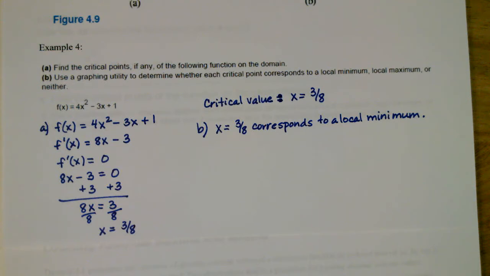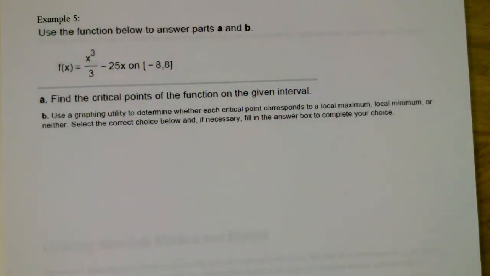All right, now let's look at example 5. So we're going to up the type of graph, a function that we have here. Here I want to use the function below to answer parts A and B. Here we got f of x is equal to x cubed over 3 minus 25x, and we're on the interval -8 to 8.